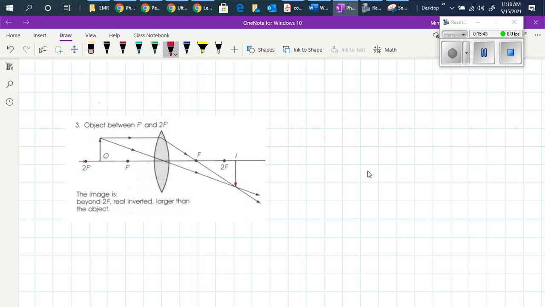Because the reflected rays have an intersection, so you don't have to extend them to find it. The intersection is real, but it is inverted. It is in the opposite orientation of the object, and it is larger than the object itself.